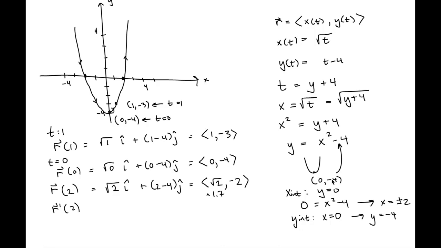So when we are at 1.7 approximately on the x-axis, we will be at minus 2 on the y-axis.